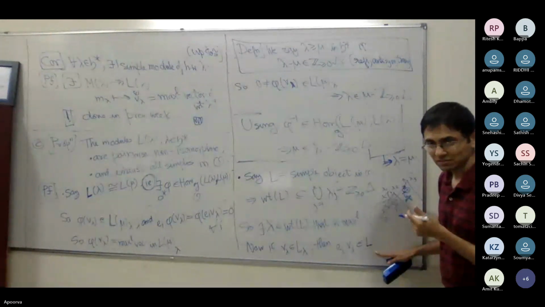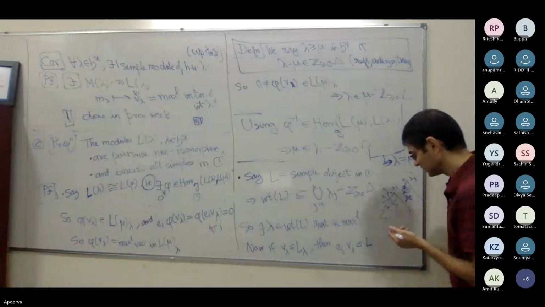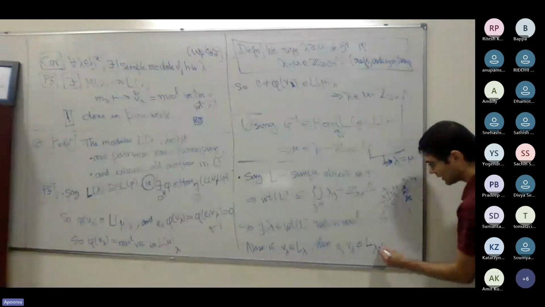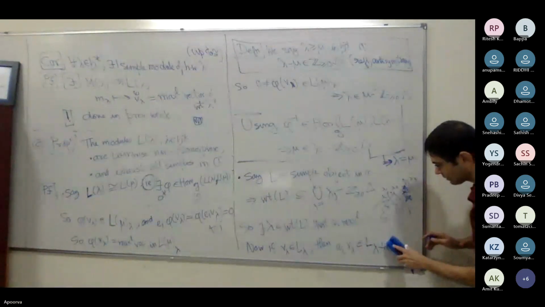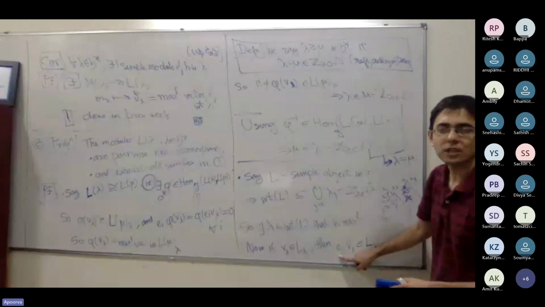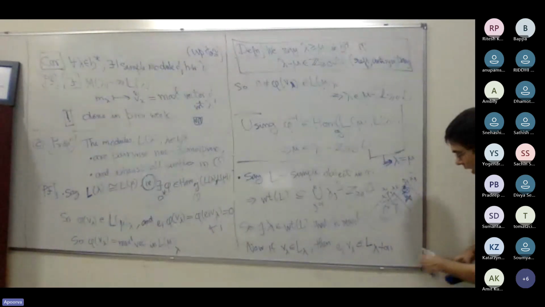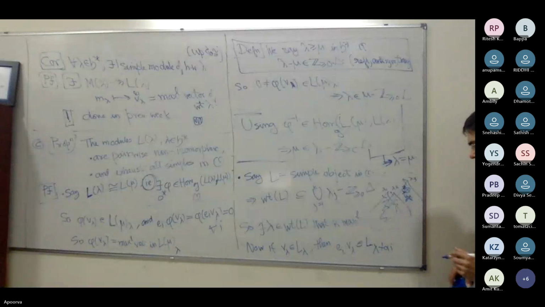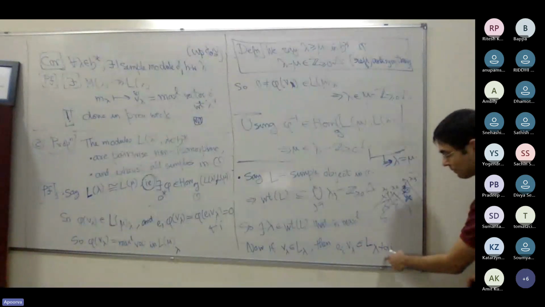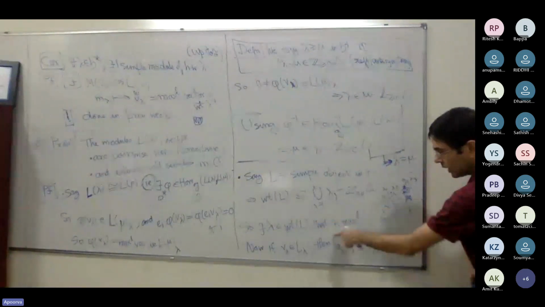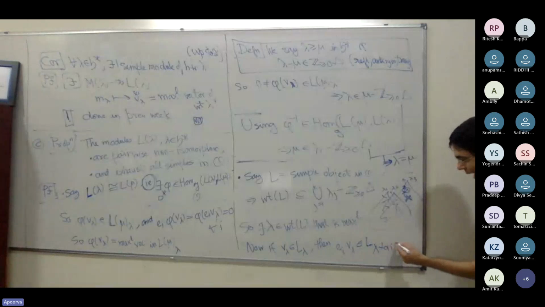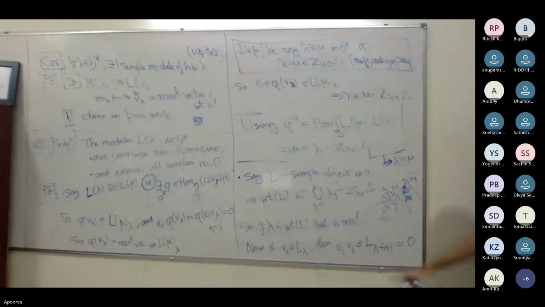Anyone? Come on. Okay, so it's basically weight lambda plus alpha_i. Again, by the same property, e_i is in U(g)_alpha_i, v_lambda is in L_lambda, so lambda plus alpha_i. But L_(lambda plus alpha_i) is strictly bigger than lambda. This was the maximal weight, so this weight space must be 0. So e_i times v_lambda is 0 for all i.